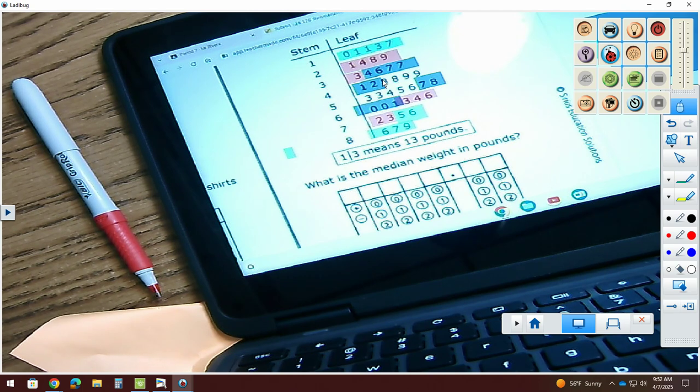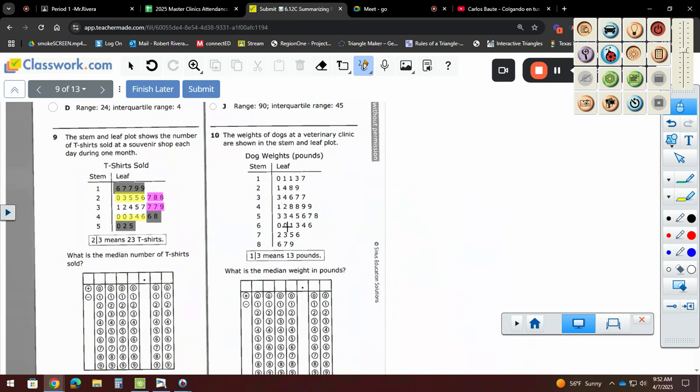Nomás quítale ese 2 extra que le pases. Okay? And that's it. Okay. Finish that one. Thank you, girls. Here, Naomi. Yeah. You could do this too.